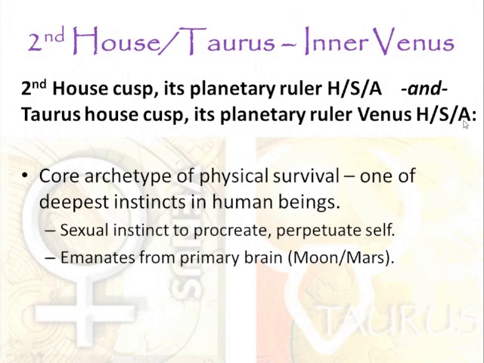Now, one of the first things that this second house cusp is going to represent is the core archetype of physical survival. This is one of the deepest instincts that exist in all of us as human beings, and included in this archetype of physical survival is again that sexual instinct to procreate or perpetuate ourselves.